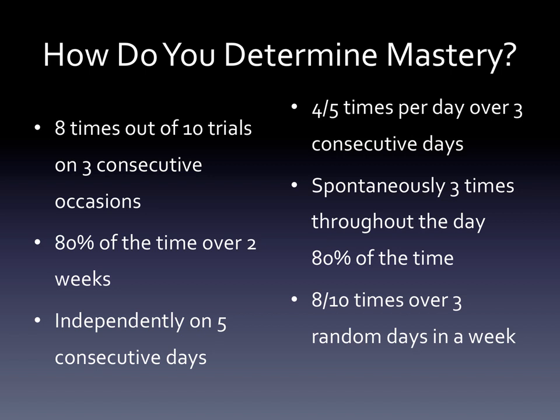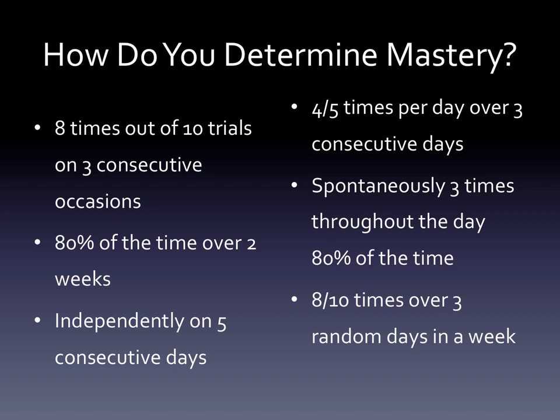Spontaneously 3 times throughout the day, 80% of the time, means that the assistant needs to be ready to put a check mark down at any time the behavior is observed occurring spontaneously throughout the day. After a month of periodic data collection, the team can determine if this is occurring 80% of the time.